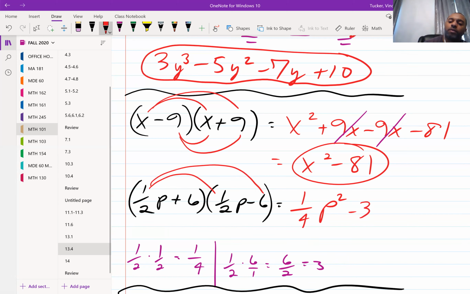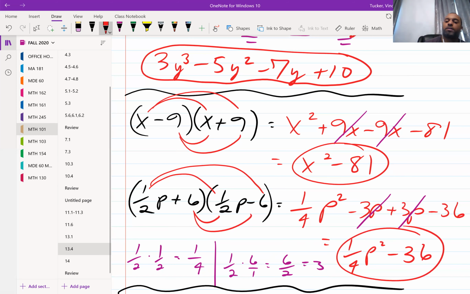So that's negative 3p. 6 times 1/2, positive 3p. And then 6 times negative 6 is negative 36. All right, 3p's cancel in the middle. That gives us a final answer of 1/4 p squared minus 36.